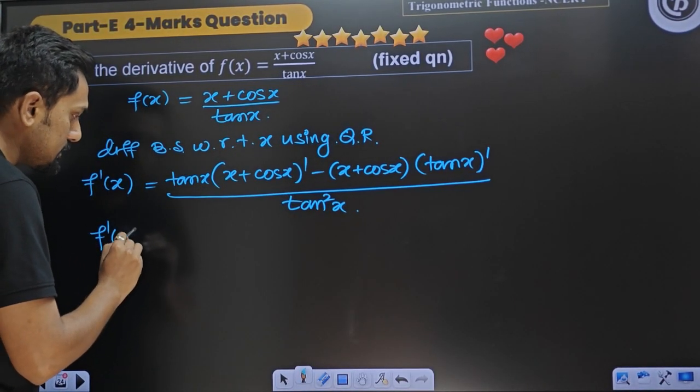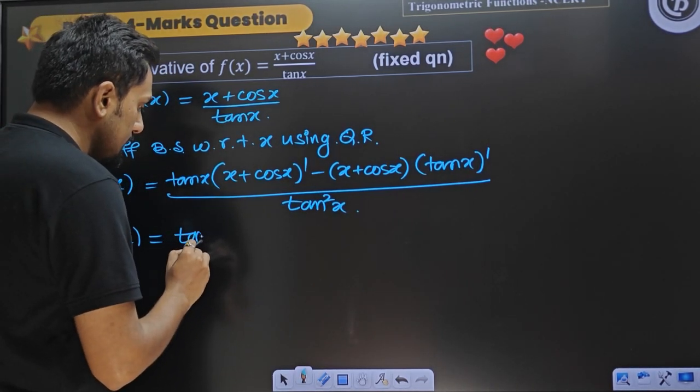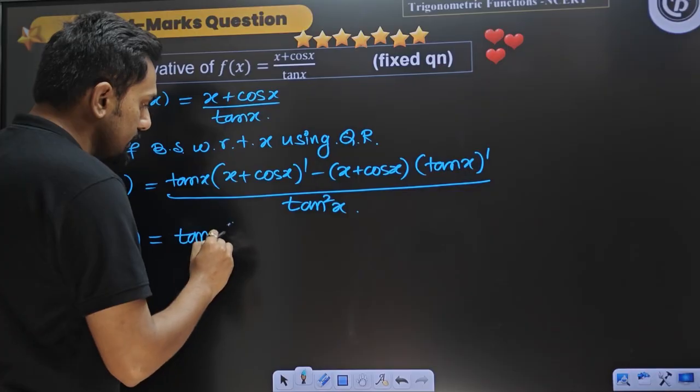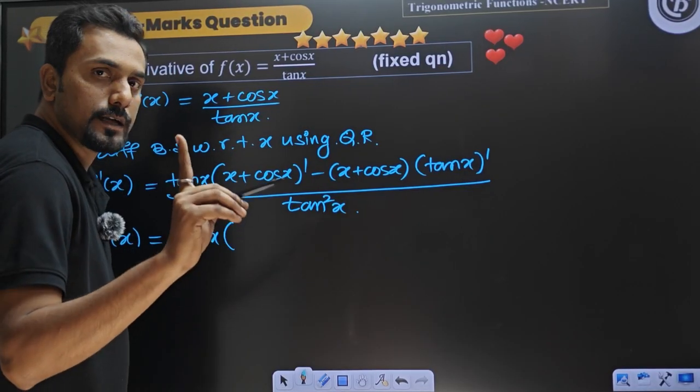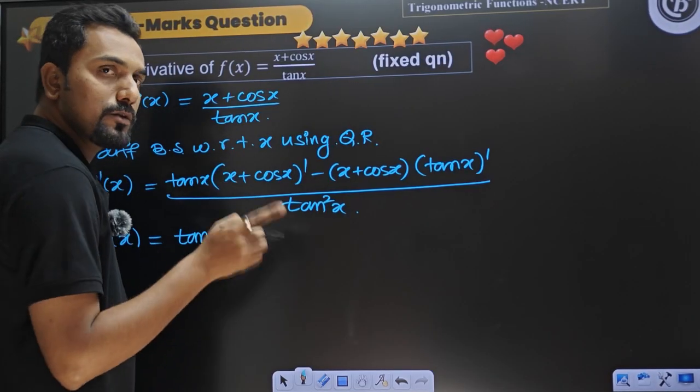f dash of x is equals to tan x as it is. What is the derivative of x with respect to x? That is equals to 1, minus cos x the derivative, minus sin x.